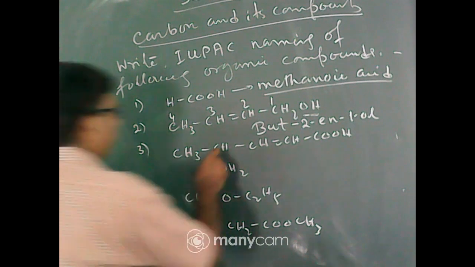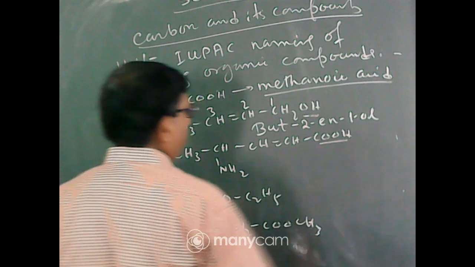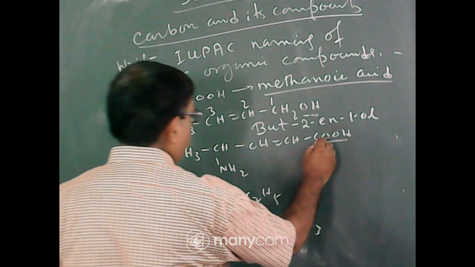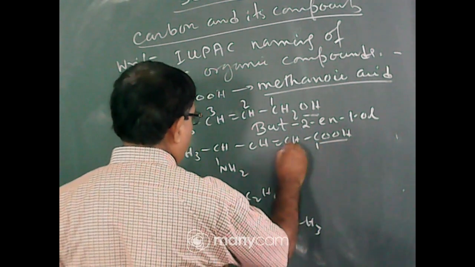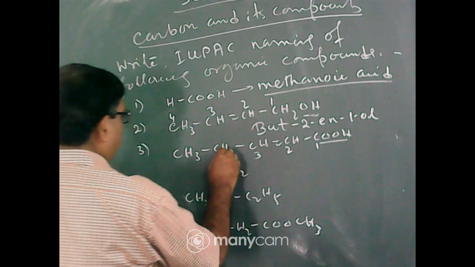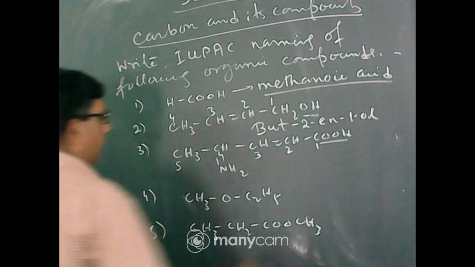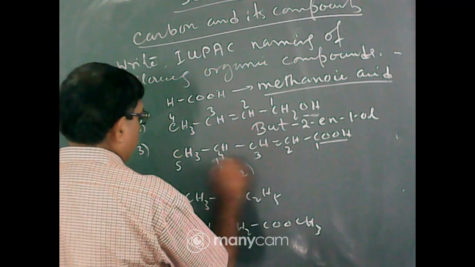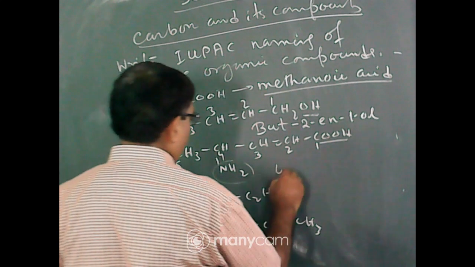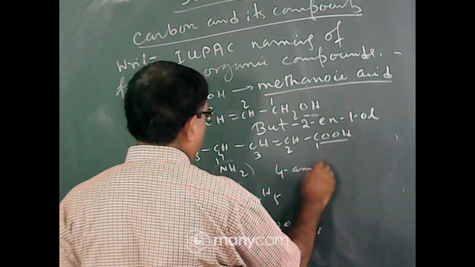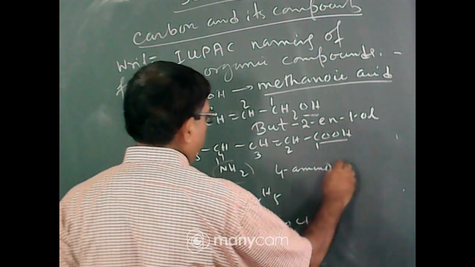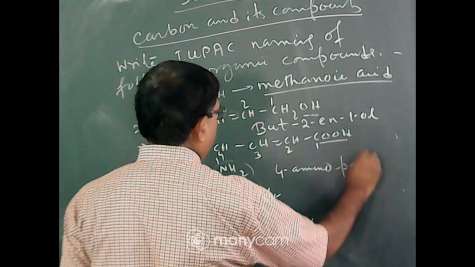Next, this has the COOH group, so this is the functional group. So numbering from that side, 1, 2, 3, 4, 5. Now there is a side chain at carbon number 4. 4 amino, NH2 is called amino. 5 carbons, so what is the root word? Pent.